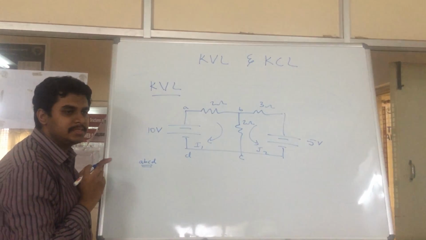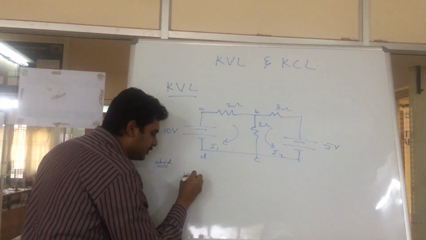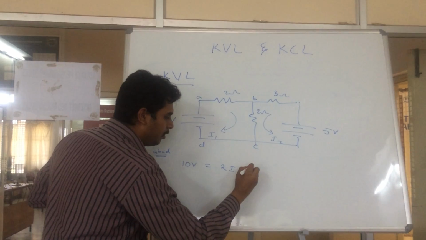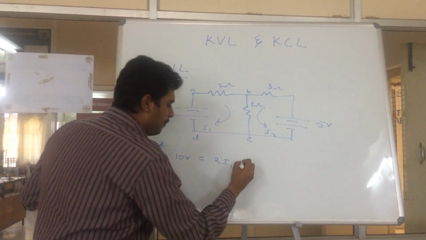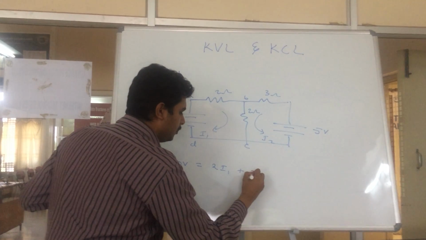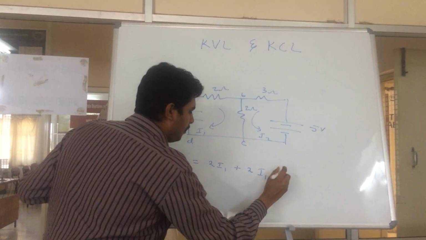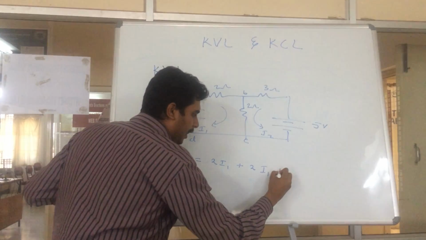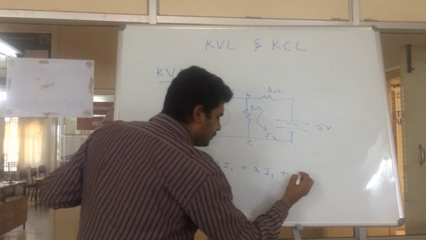Applying KVL in loop 1: the algebraic sum of voltages in a closed loop is equal to 0. That is, 10 volts is equal to 2I1 plus 2I1 again. Then the directions of the currents are opposite, so it is plus; if the directions are the same, it will be minus.